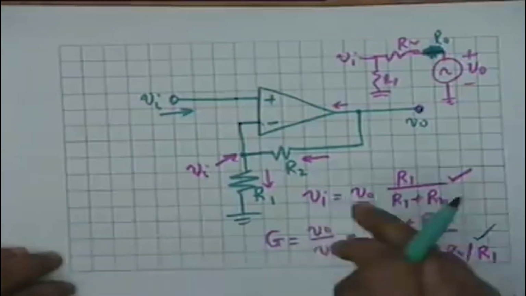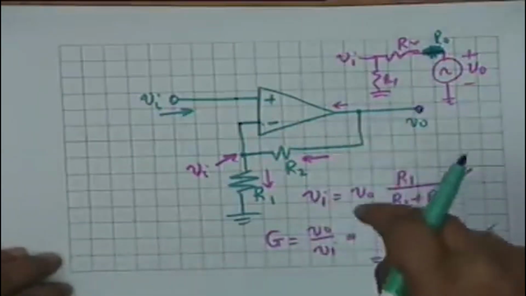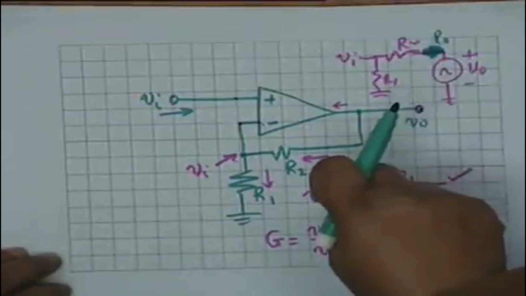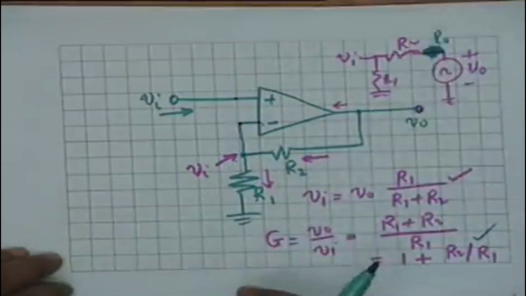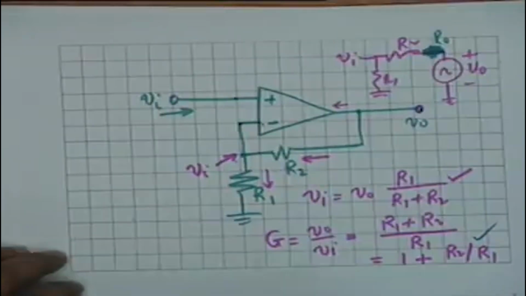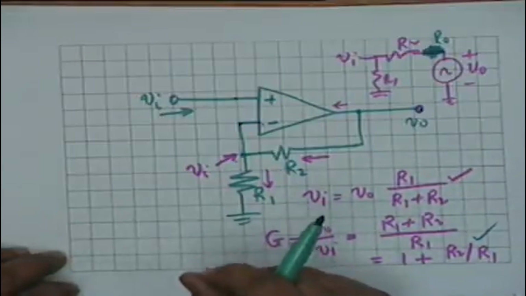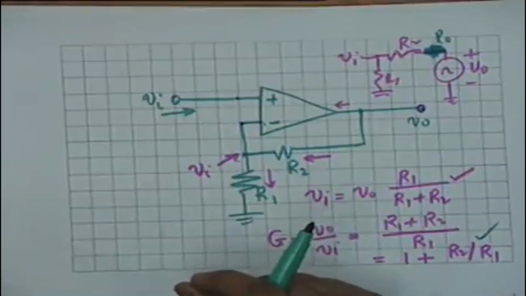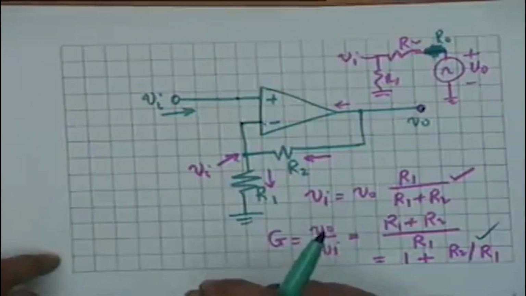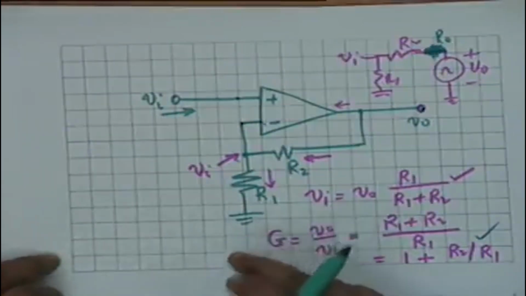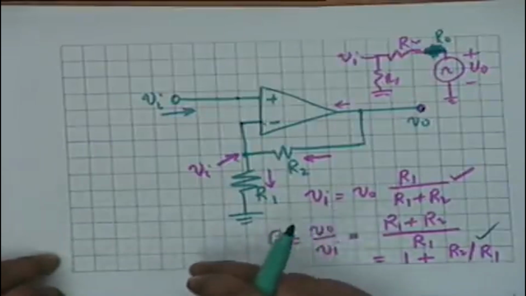Isn't that right? So this is an important difference between the two connections, non-inverting and inverting. In the non-inverting configuration, the input resistance is maintained at infinity, whereas in the inverting configuration, the input resistance is determined by an external resistance that is connected between the source and the inverting terminal of the op amp.